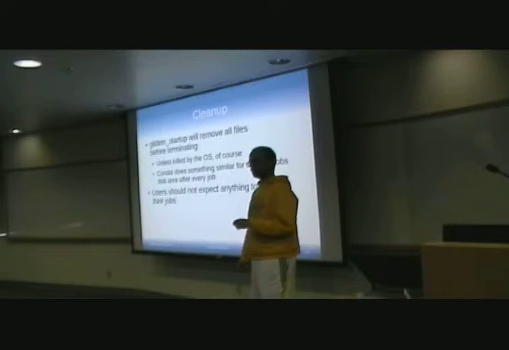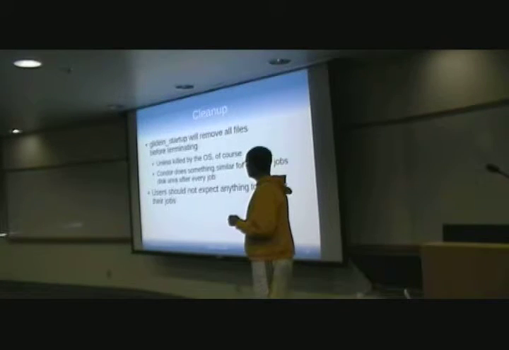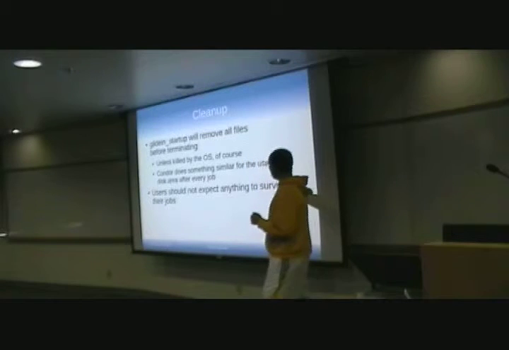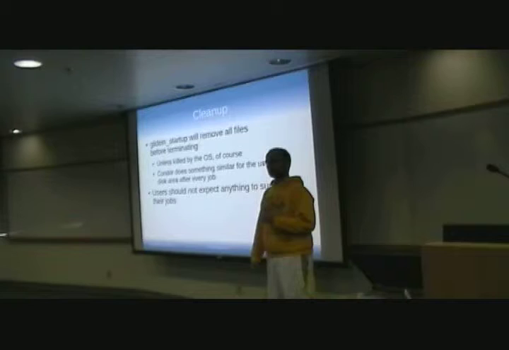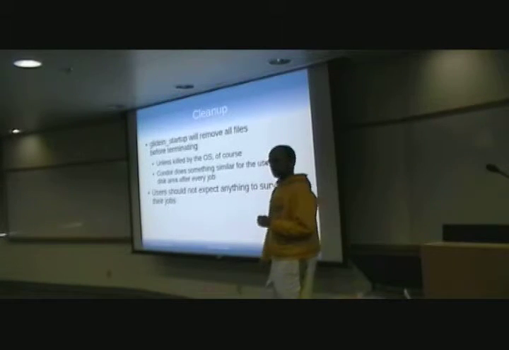So as long as jobs are well behaved, we will do the right thing and clean up. And Condor does a similar thing between each and every job. So bottom line, users should not expect anything to survive between jobs and between glideins. If anything, by any chance, remains between jobs and between glideins, it should be considered a bug, and it's strongly discouraged.